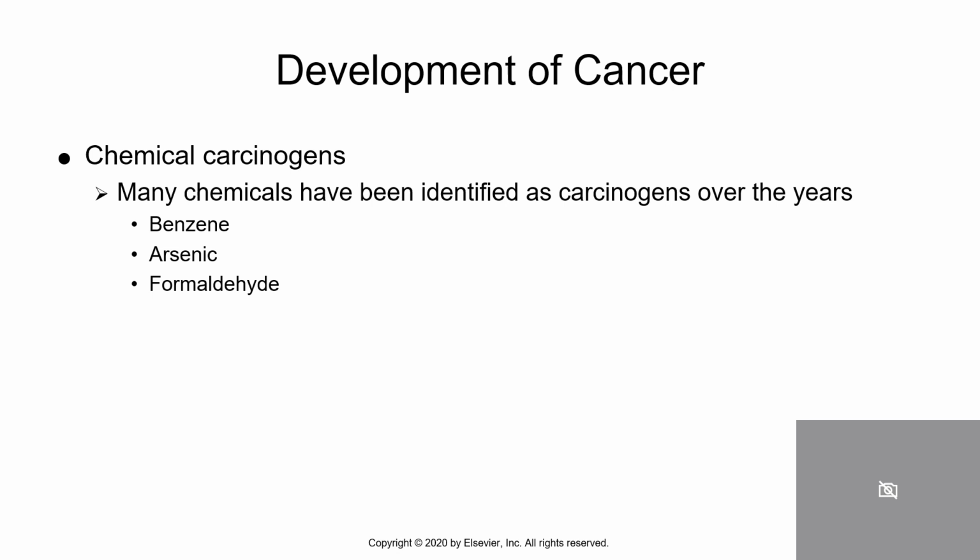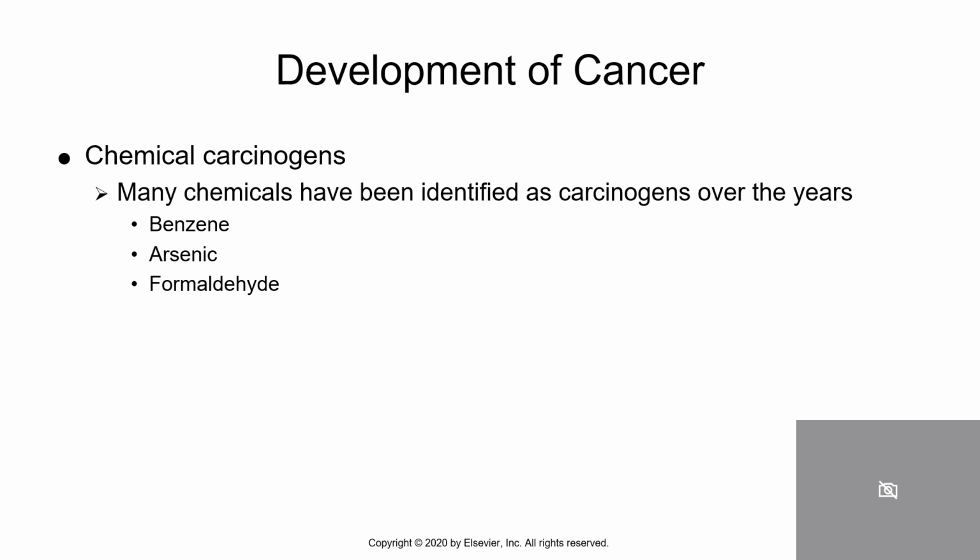Some chemicals that have been identified as carcinogens over the past have included formaldehyde, arsenic, benzene. It's interesting that the first chemicals that were identified to cause cancer were discovered in the latter part of the 18th century.